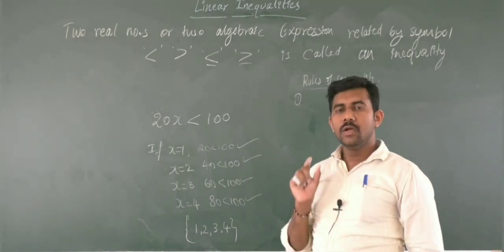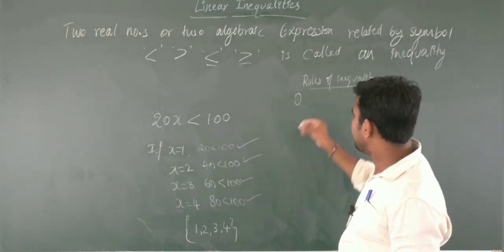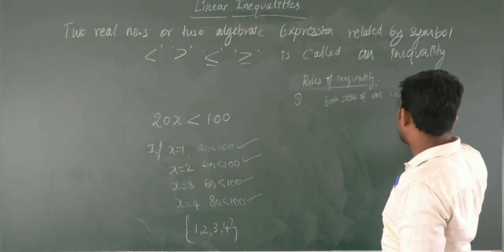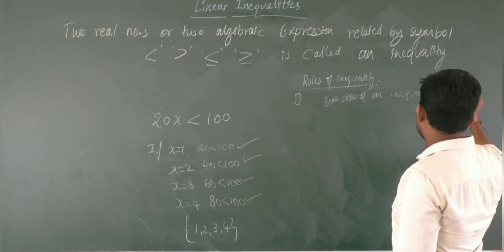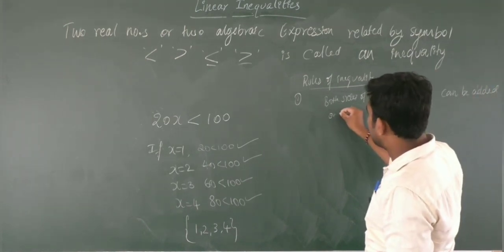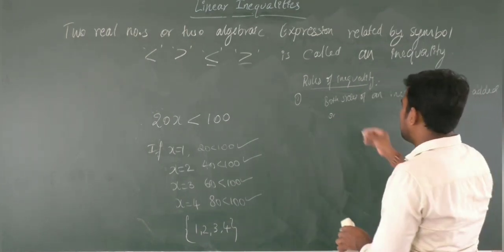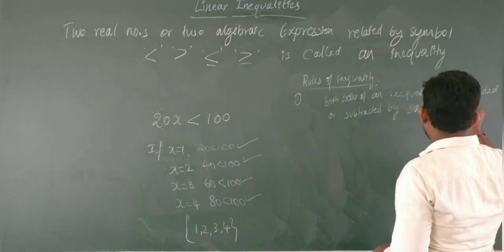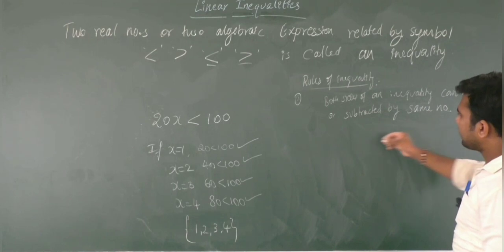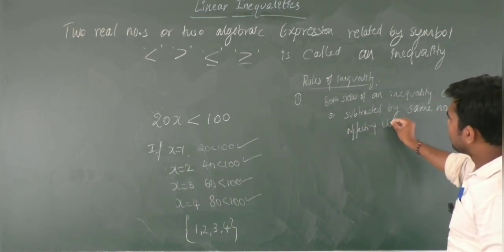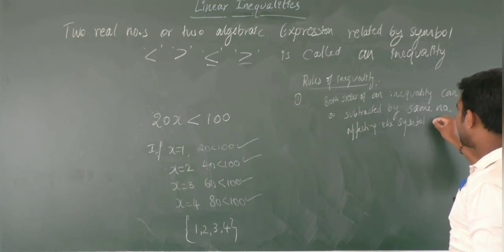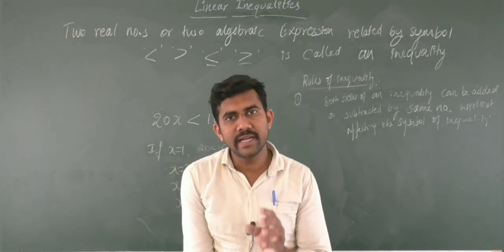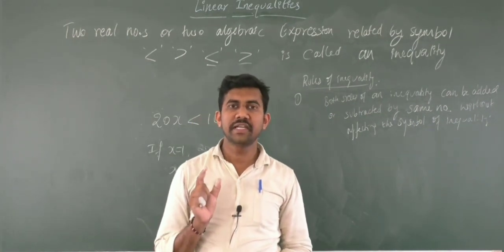The first one: both sides of an inequality can be added or subtracted by the same number without affecting the symbol of inequality.